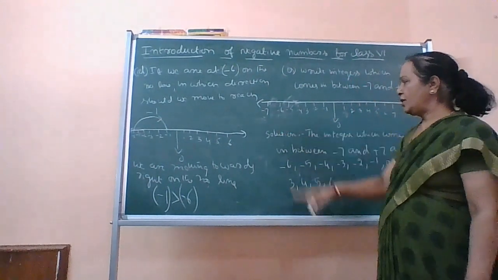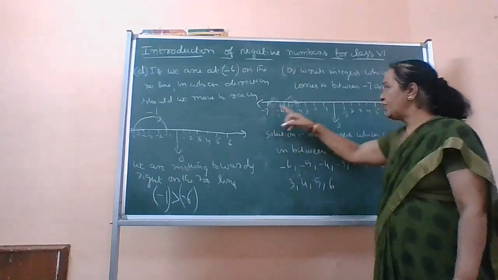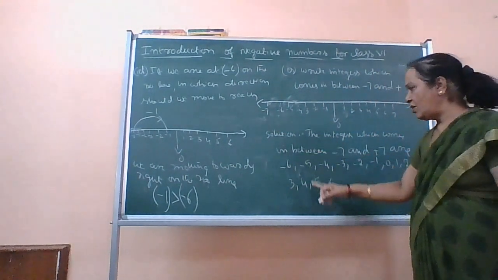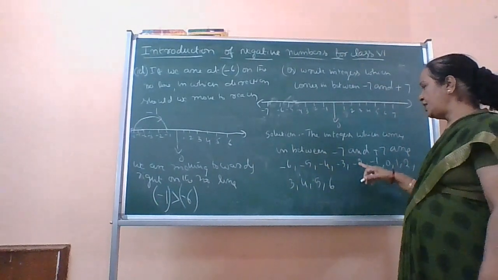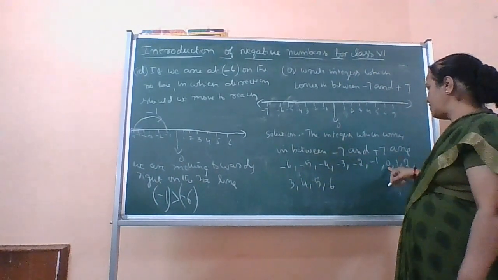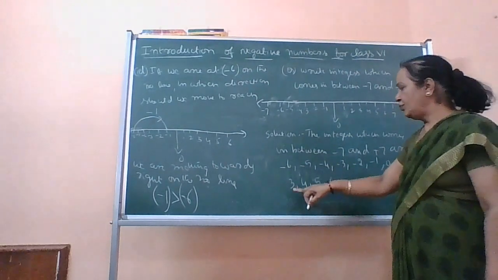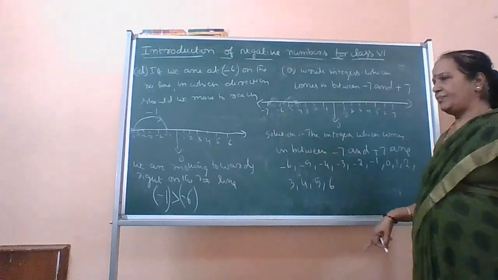That means the integers which come in between minus 7 and plus 7 are minus 6, minus 5, minus 4, minus 3, minus 2, minus 1, 0, 1, 2, 3, 4, 5, 6.